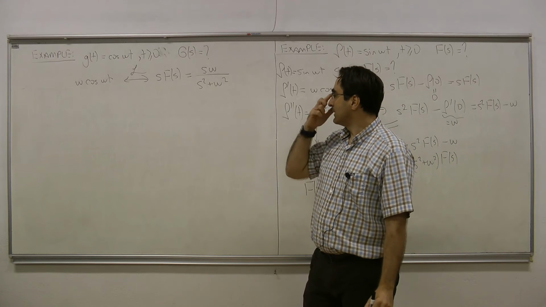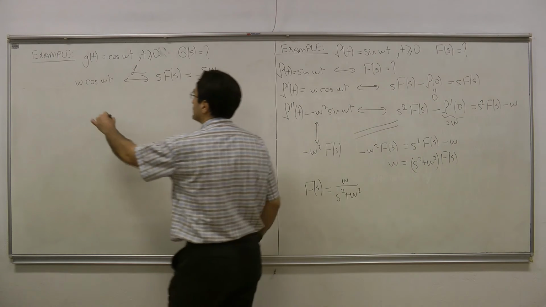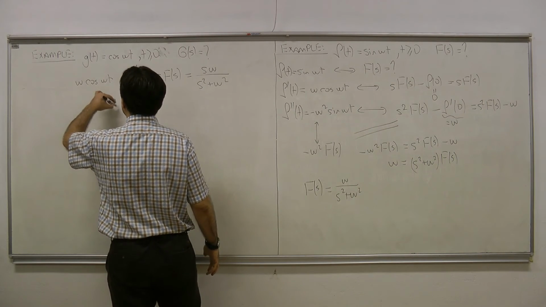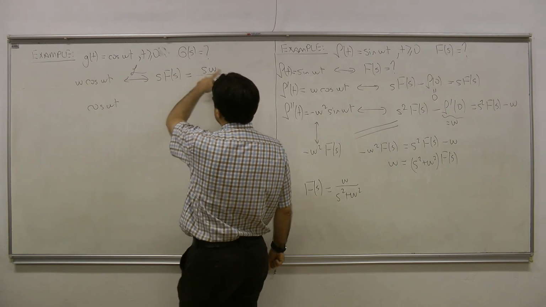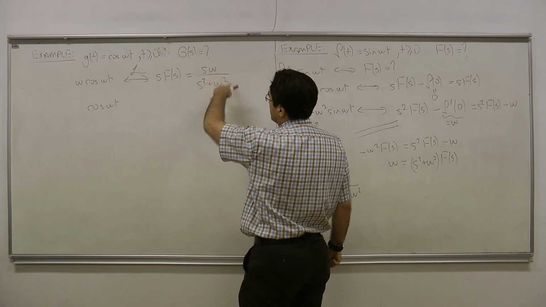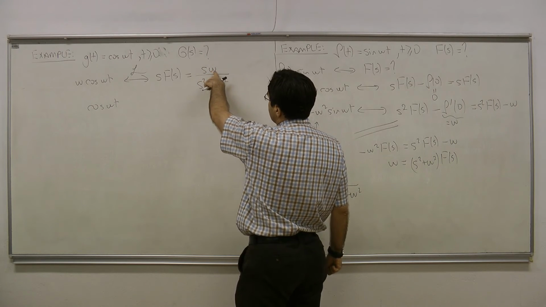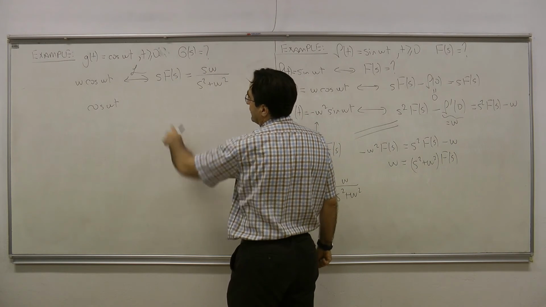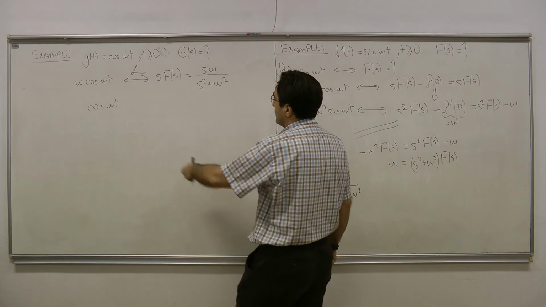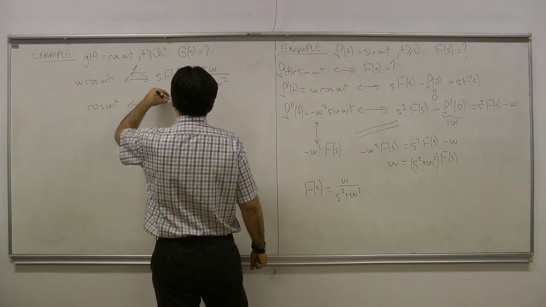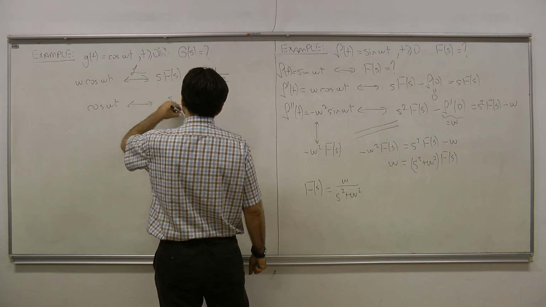Okay? Then what is the Laplace transform of cosine omega t? So this is again a constant times cosine. Therefore, this Laplace transformation should be the same constant times the Laplace transformation of the cosine. Okay? So I will divide both sides by omega here, which is going to give me this.